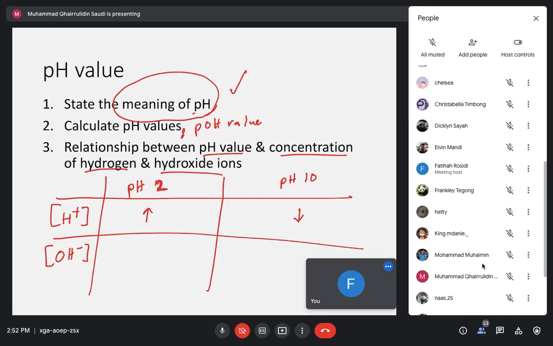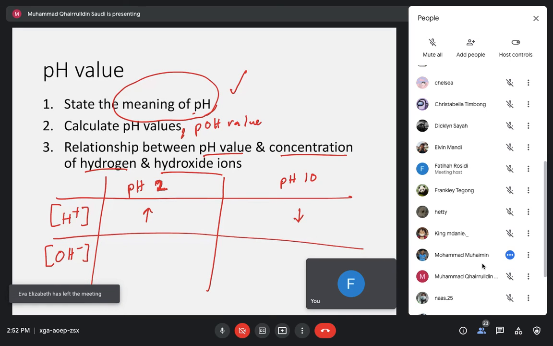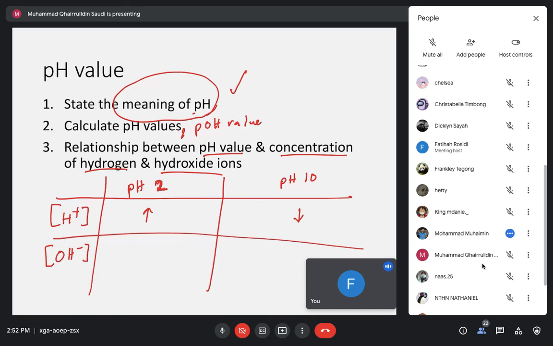Okay, Muhaimin, how about the hydroxide ion? Hydroxide ion in pH 2 compared to the hydroxide ion in pH 10. Which one is higher and which one is lower? Higher dekat mana? pH 2, hydroxide ion.